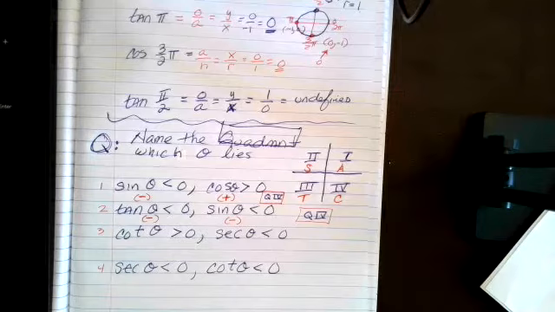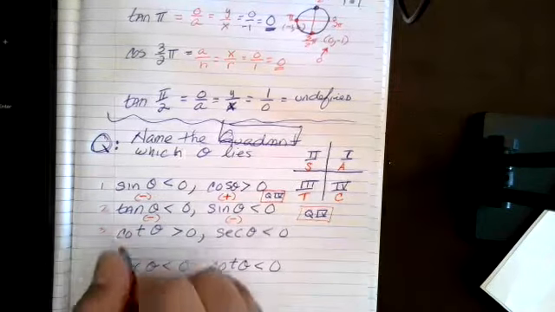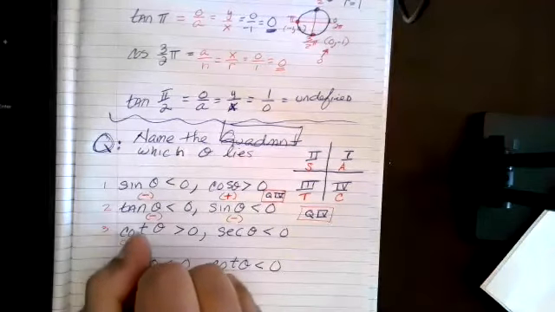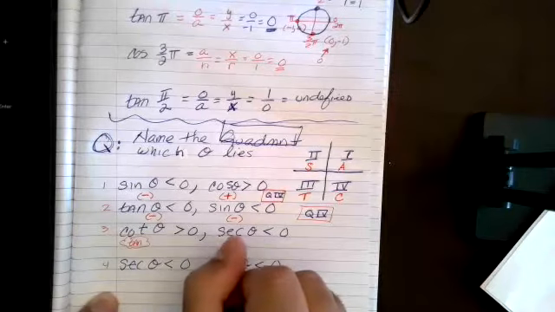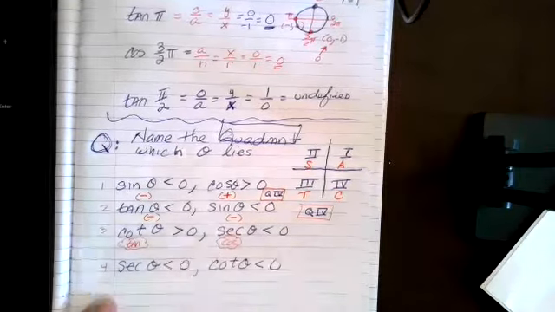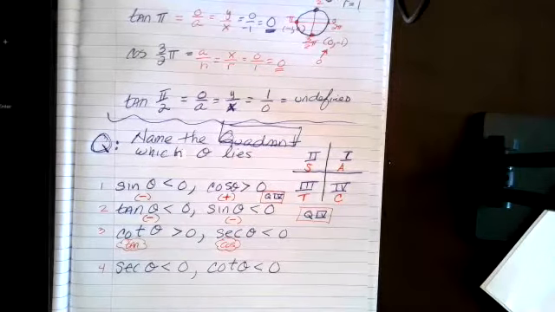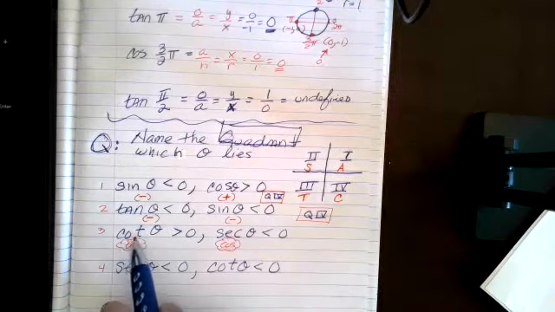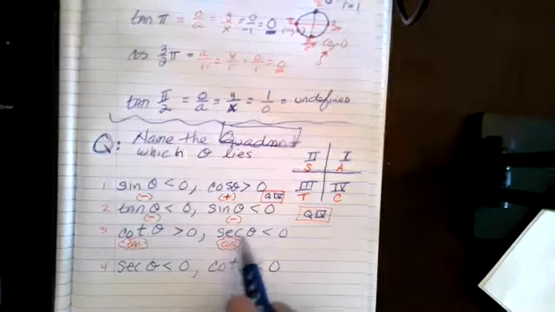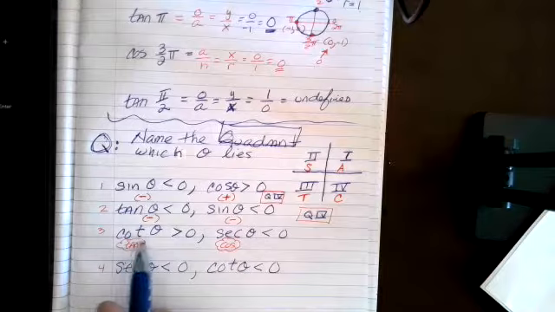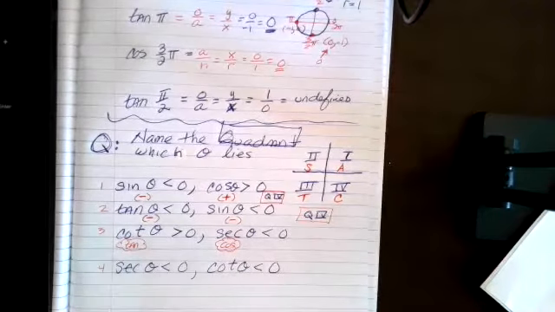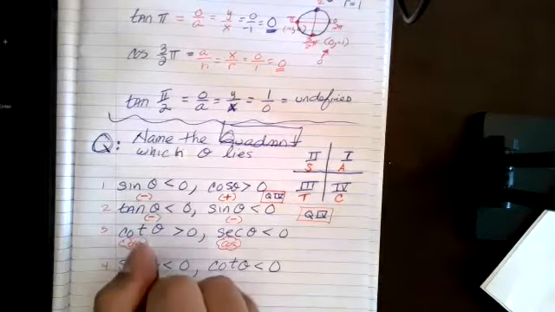In quadrant 4, tan is negative and sine is negative. In this third example, it says cotan and secant. Well, instead of cotan and secant, since these are reciprocal identities, we could think about tan and cosine for these quadrants. Because if cotan is negative, tan is negative. If secant is negative, cosine is negative. So let's take a look. It says cotan of theta is greater than 0. So that means positive.